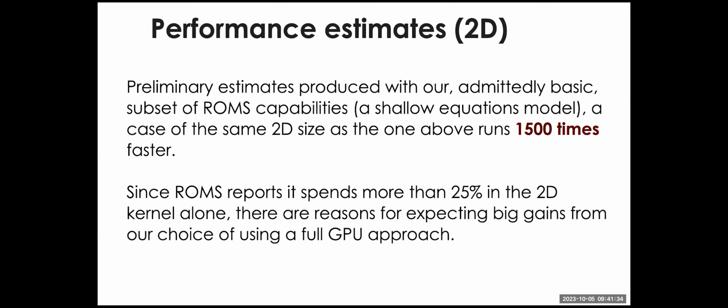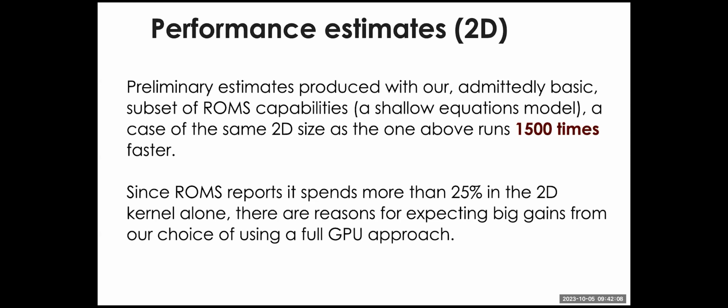So we have started our model, and we have replicated the 2D component of the model, and this is the part that we have started, which is admittedly a basic subset of ROMS, but it allows us to have an estimate. So running the same case using the 2D equations, shallow water equations, we can see that when you compare our GPU model with the CPU model, our model runs 1,500 times faster.